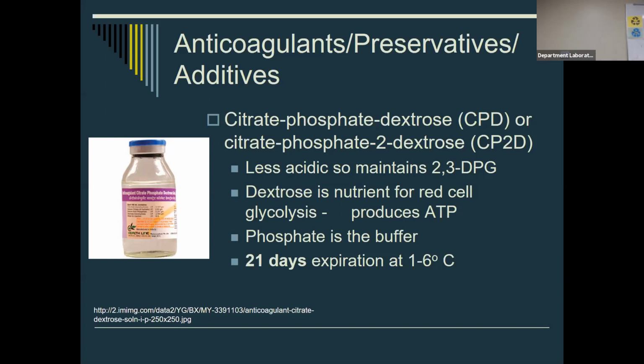Anything higher than that, you put your unit at risk for bacterial contamination, because these red cells have the nutrients needed for bacteria. They love this medium, so they can survive. If your unit gets out of range with increased temperature, we will discard the unit because it has been exposed to bacteria and has the potential to harbor bacteria. So that's the temperature concern in blood bank.